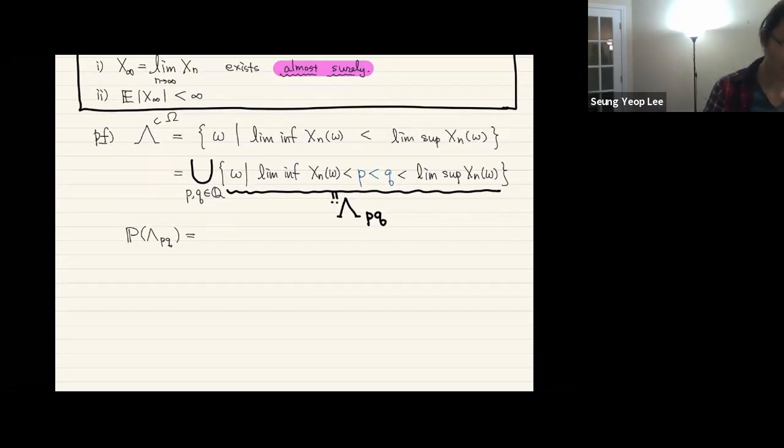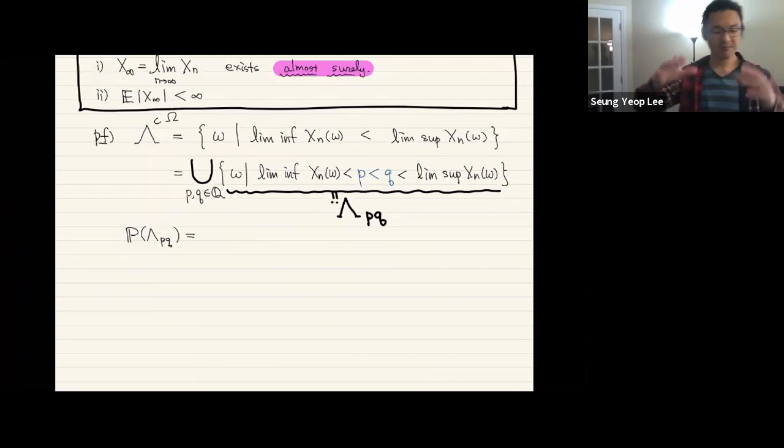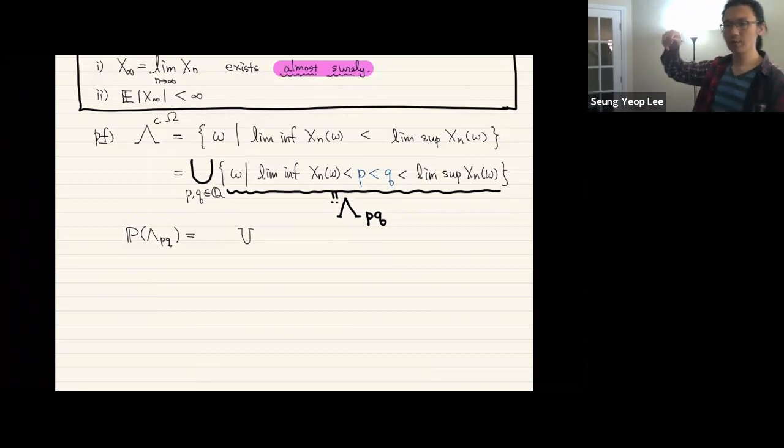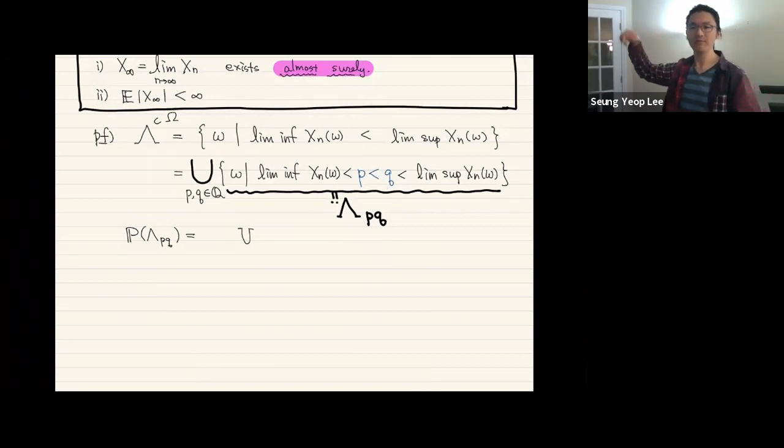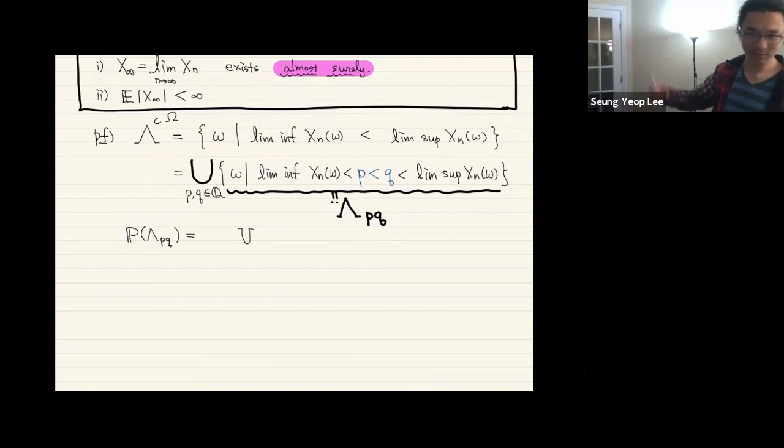So lambda PQ means that lim inf has to be less than P, lim sup has to be larger than Q, which means it should oscillate between P and Q infinitely many times, which means the upcrossing number around PQ is infinite.